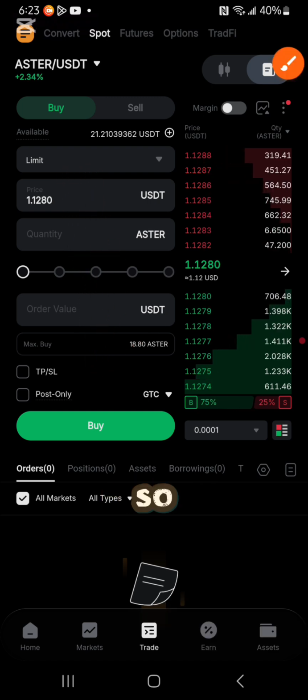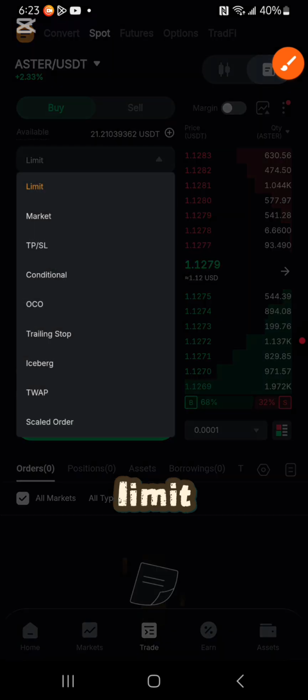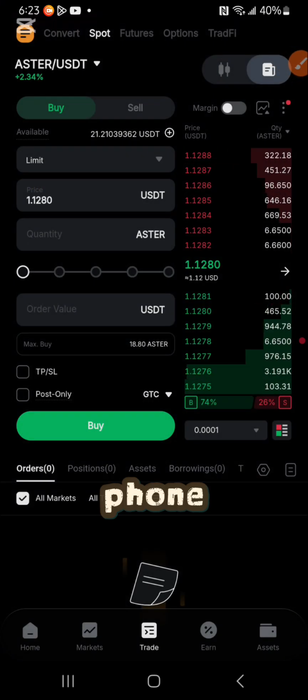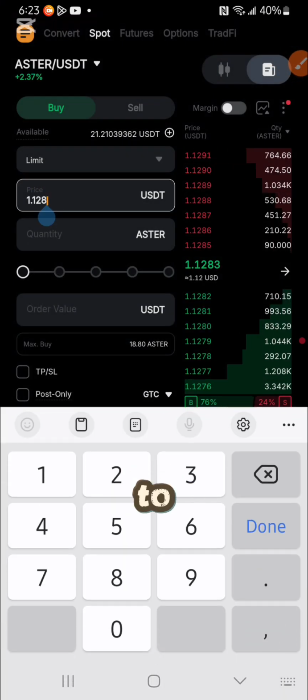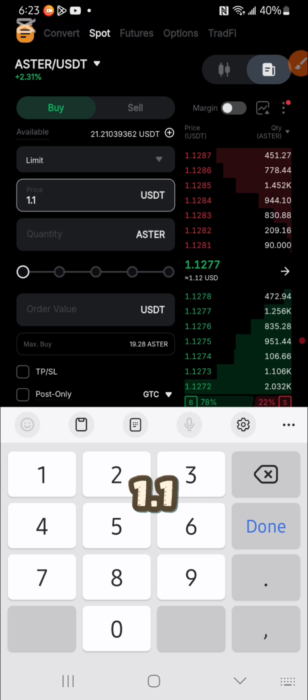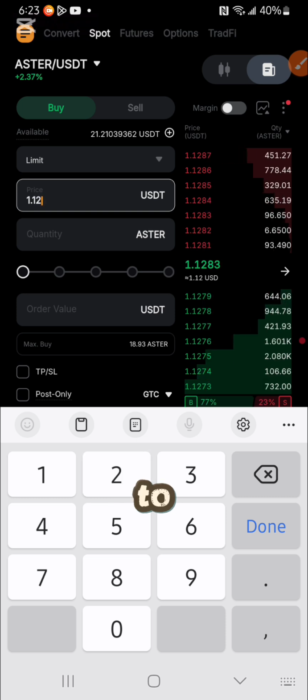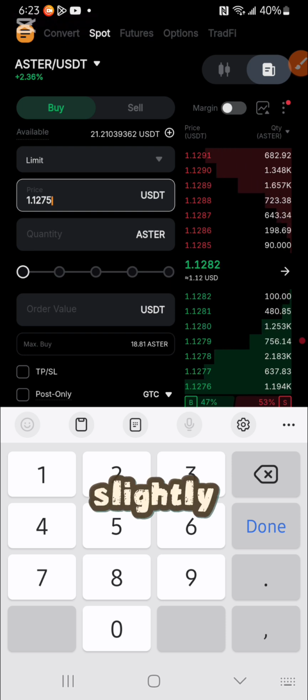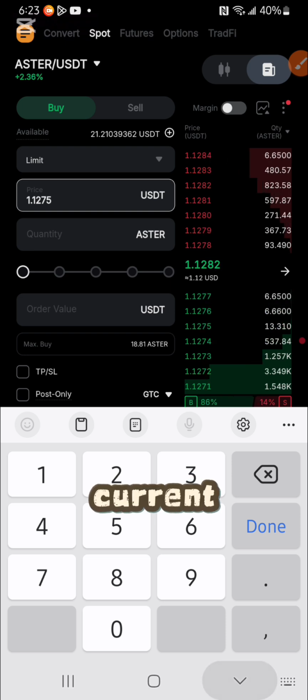So after then, limit is already there on my own. We will need to now set the price to about 1.12. Let's put that 1.1250 or probably 75. Just slightly below the current value.